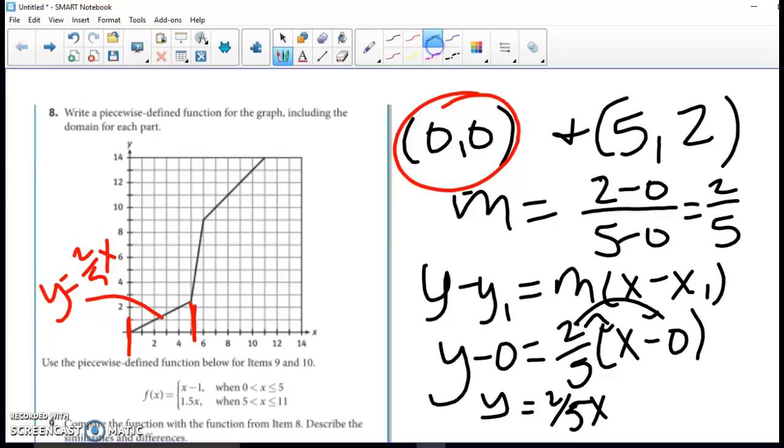Now we're going to find the equation for our second section of the graph, and it's going from 5 to 6, where it's changing. So then we're going to find the slope of that line there. Clean this up a little bit.